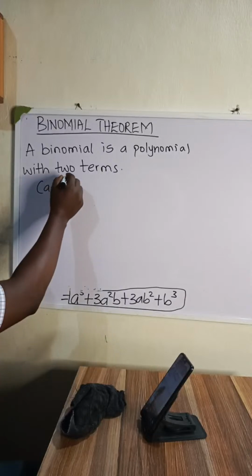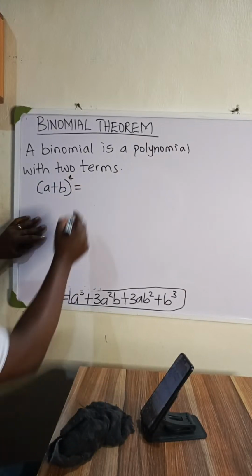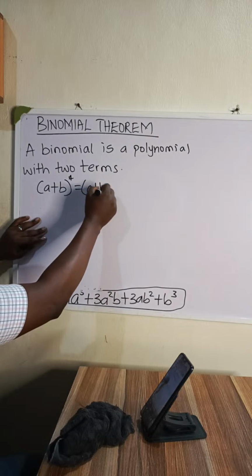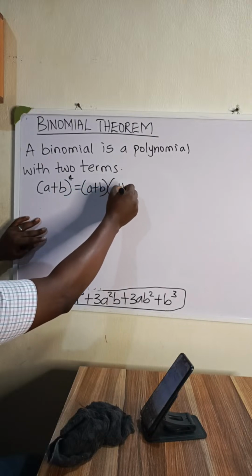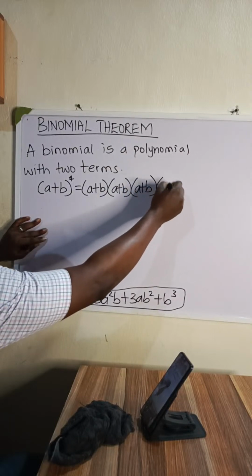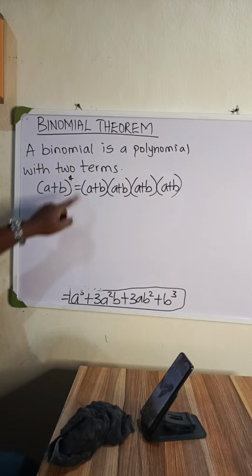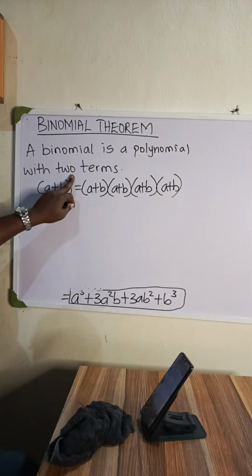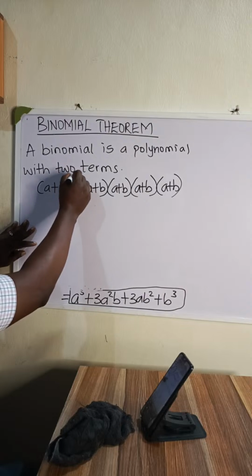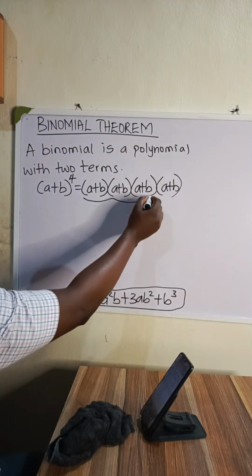So (a plus b) to the power of 4 is equal to (a plus b) into (a plus b) into (a plus b) into (a plus b), because (a plus b) is multiplying itself 4 times, right?